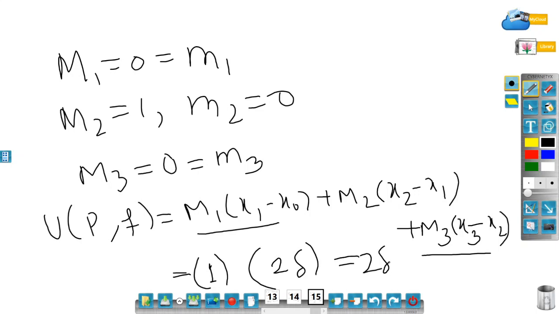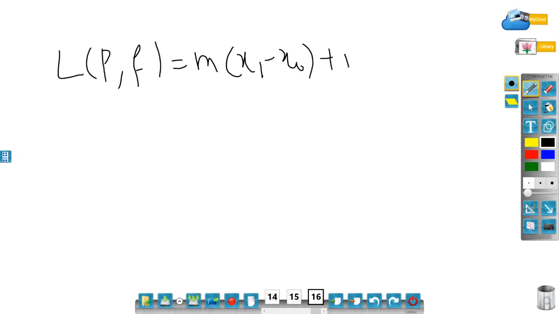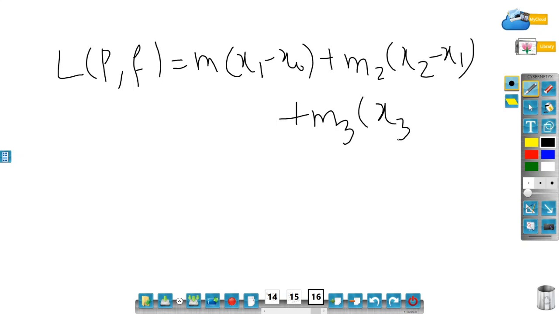And for L(P, f), my small m1, small m2, small m3 are all 0. L(P, f) is equal to small m1 times (x1 minus x0) plus small m2 times (x2 minus x1) plus small m3 times (x3 minus x2), and since m1, m2, m3 are themselves 0, L(P, f) is 0.